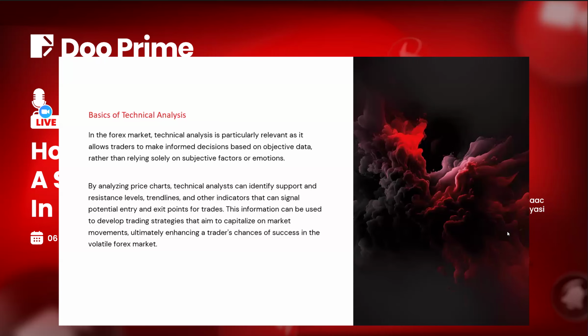So when you use these tools, it's going to help you identify your trade. So where are you going to put your entry, where you will put your stop loss and all of that. These are what technical analysis tools help us with.